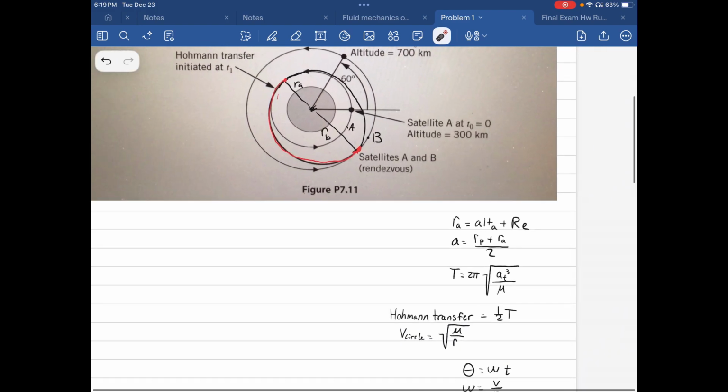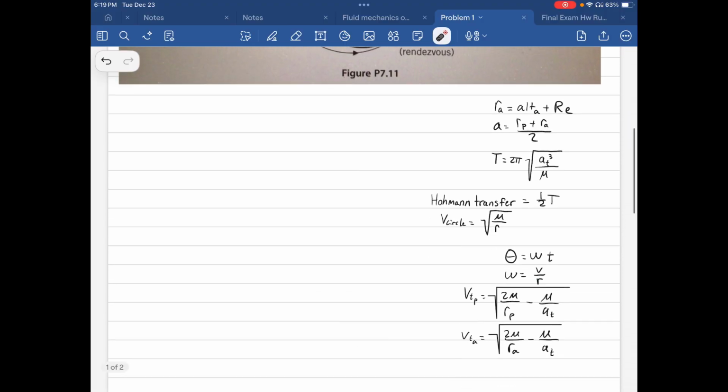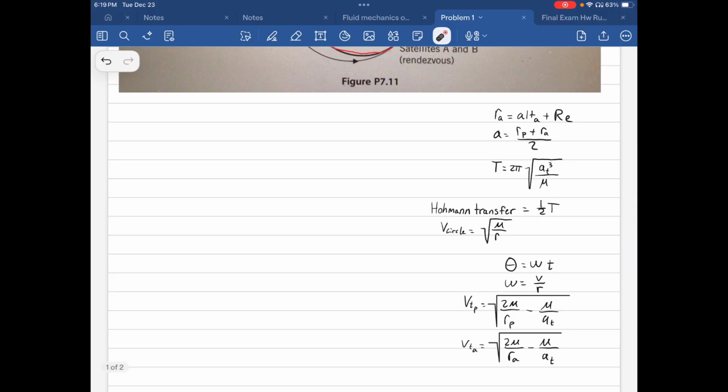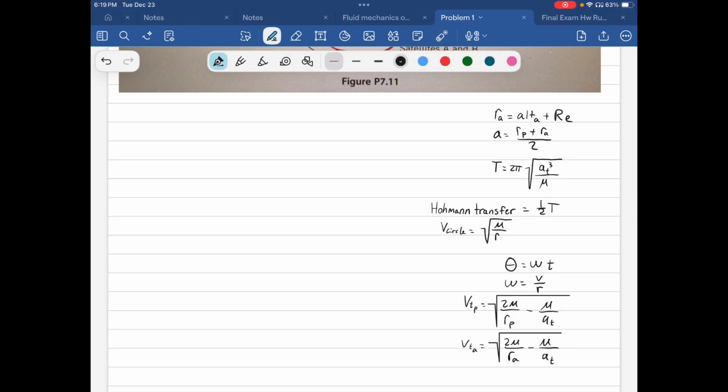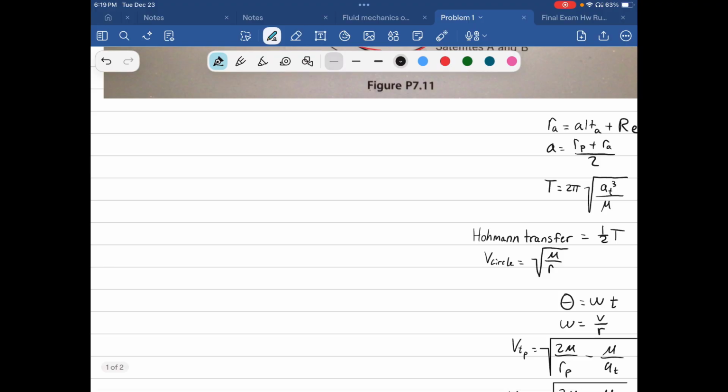And so I've laid out some equations here that you can put into your backpack of formulas that you should know for transfers and orbits and all this. So starting off, we'll find the radius of A equals the altitude of A plus the radius of the Earth.